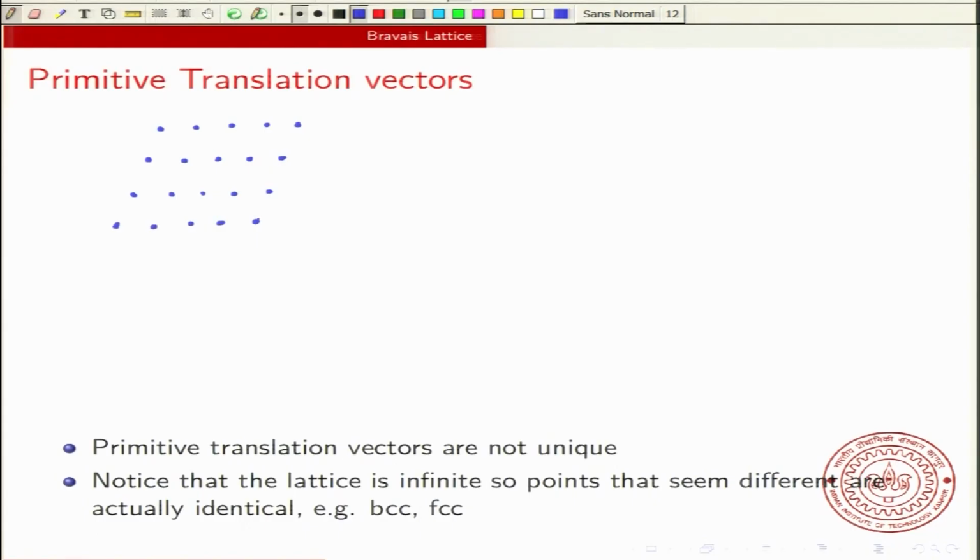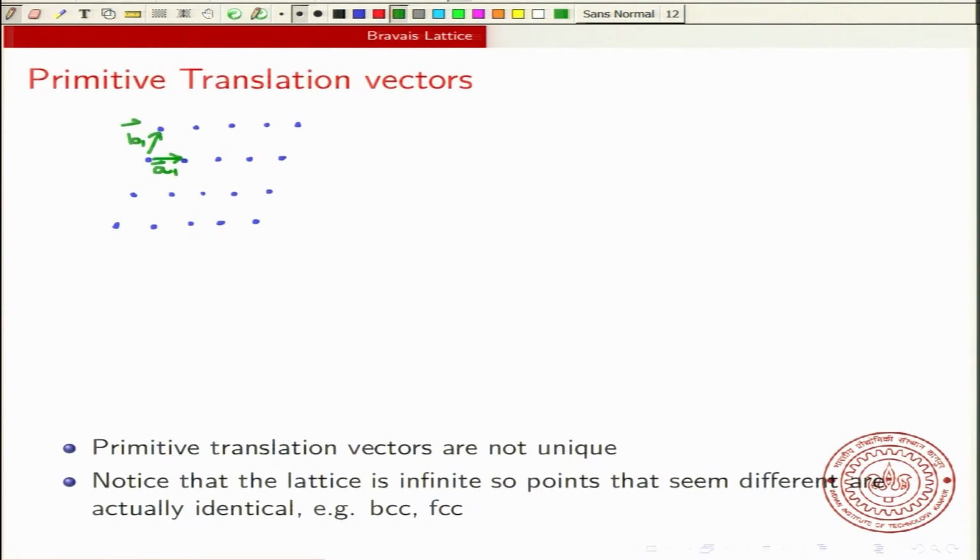Now, one choice of primitive lattice translation vectors is this. I take this as A. Now, I have only 2 primitive translation vectors, since I am looking at a 2D lattice, and let us say I take A and B as my lattice translation vectors. Let me call them A1 and B1 just for convenience.